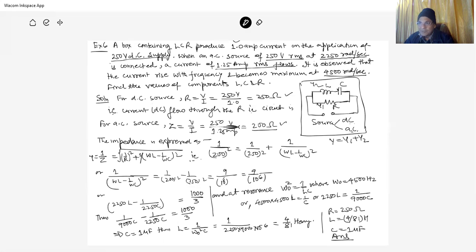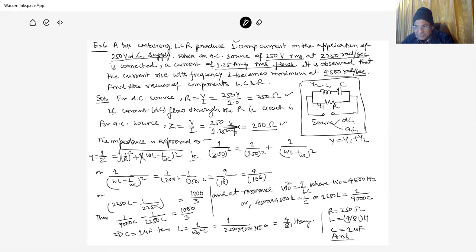So 1 upon 200 squared is 1 by 250 squared plus 1 upon (omega L minus 1 upon omega C) whole squared. This can be obtained, and this is 9 upon 10 to the power 6, that is solved.